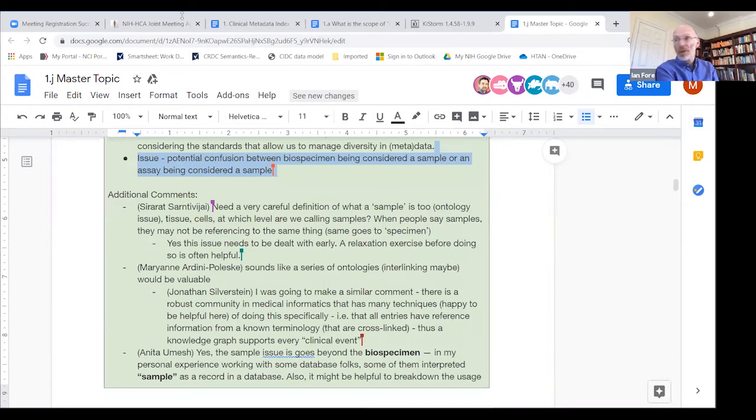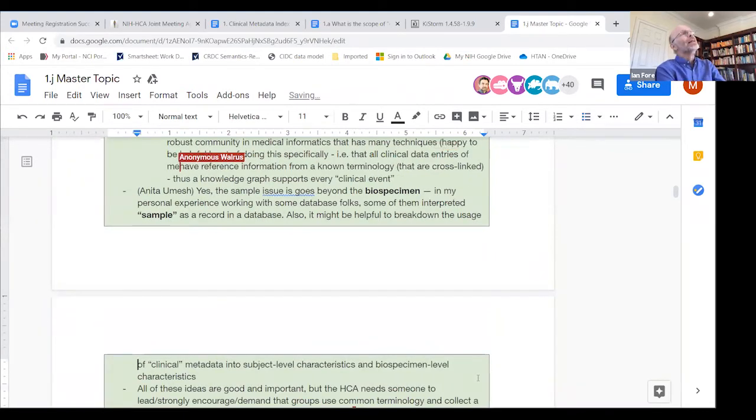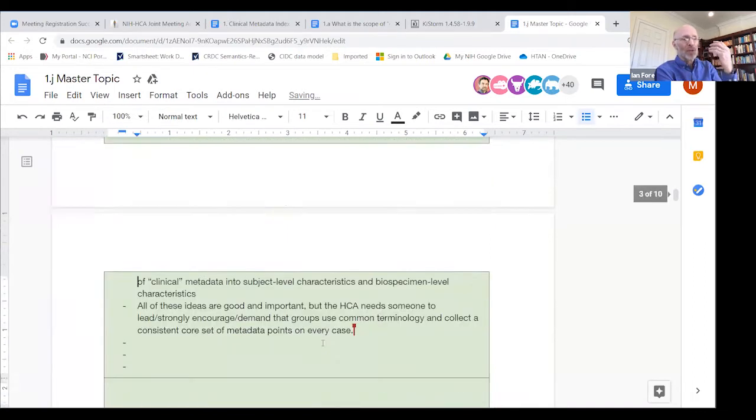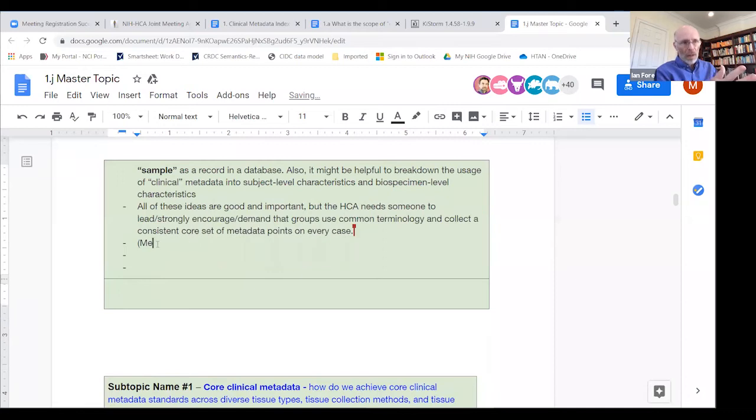But where I was focused, and I put a comment in the document about this, we've had discussions about whether this is a sample or a specimen or an aliquot or a segment. We had situations where people dissect a particular physical piece of biological material into different pieces.